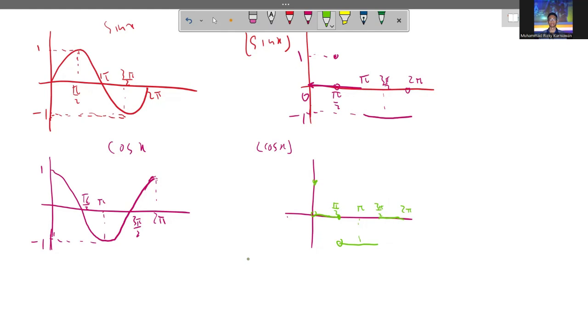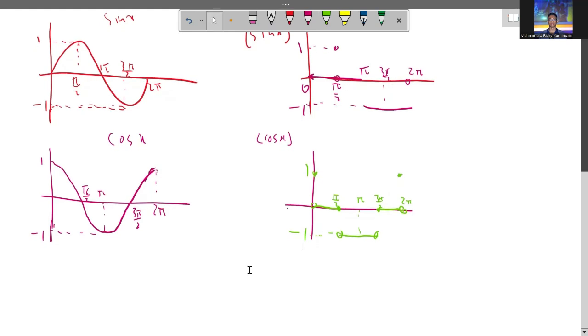And then for this one, here too. This one is -1. Okay.